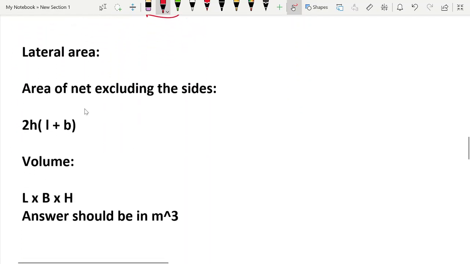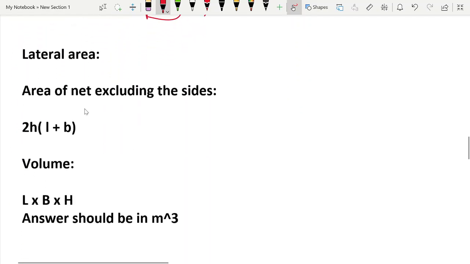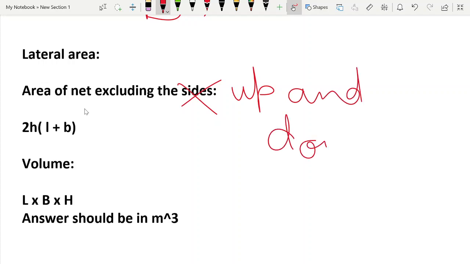Then we've got lateral area. Lateral area is the area of the net excluding the up and down faces. So our lateral area is going to be 2h(l plus b).